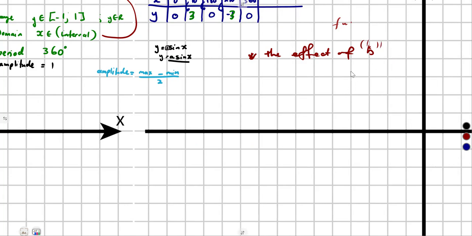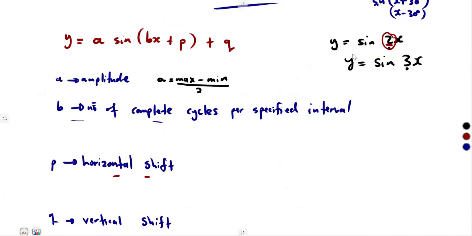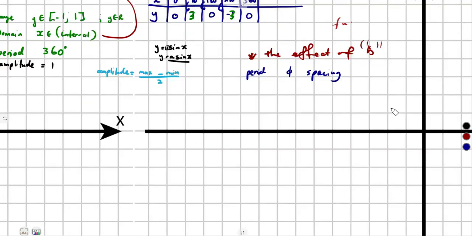When we have this b, it is going to affect the period and also the spacing, as b is about the number of complete cycles. Remember, a complete cycle, we talk about a period. So meaning to say, we are going to have a new period from there.